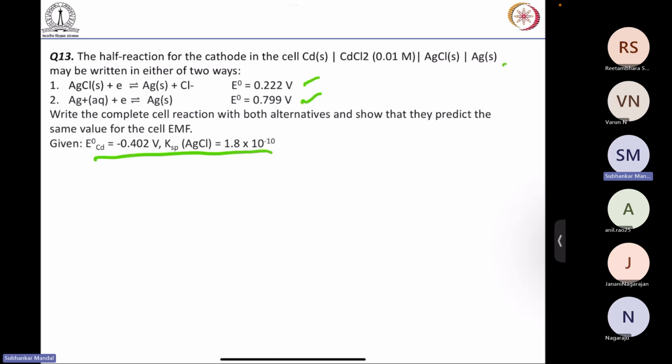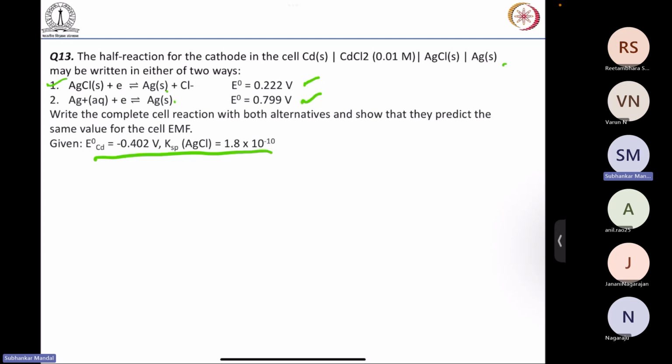So there are two reactions. One reaction is cadmium, silver chloride going to silver. In both cases silver solid is forming. In the other, some other aqueous silver salt is there and it goes to silver. In both cases the standard potential is given. They are telling us to calculate the EMF value in both cases and tell whether this process gives the same value or not.